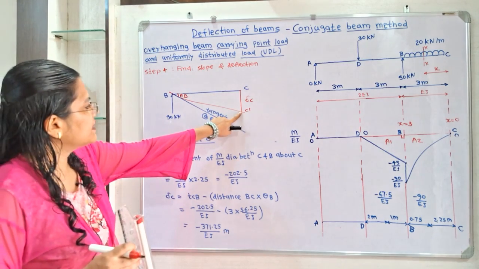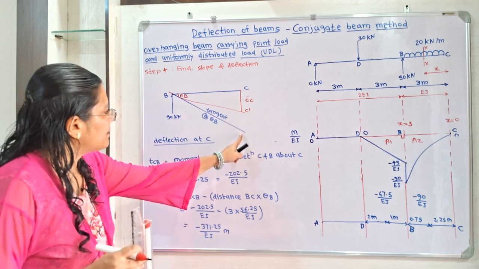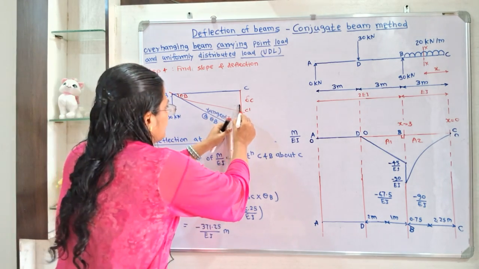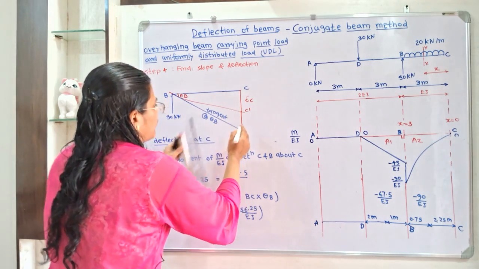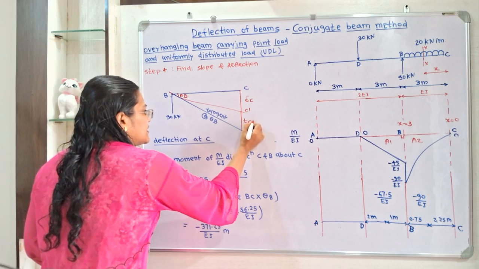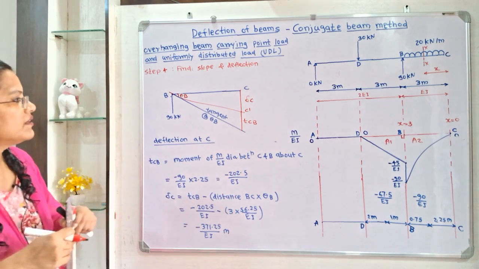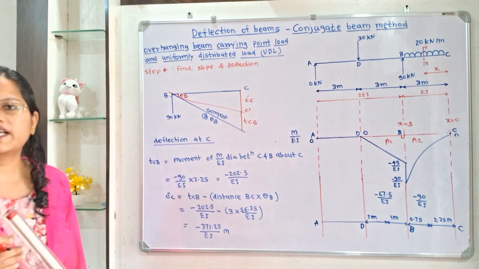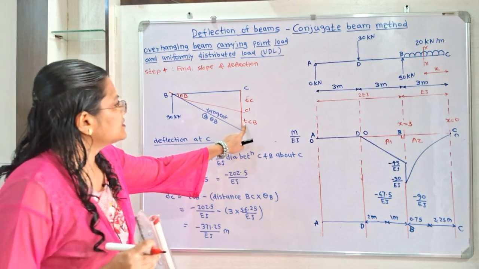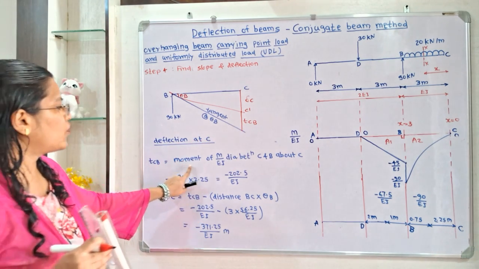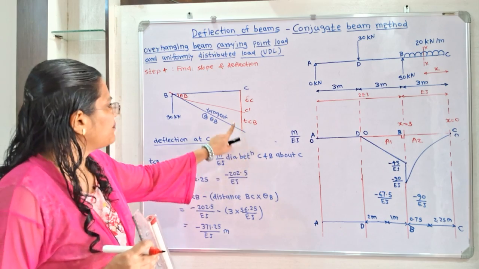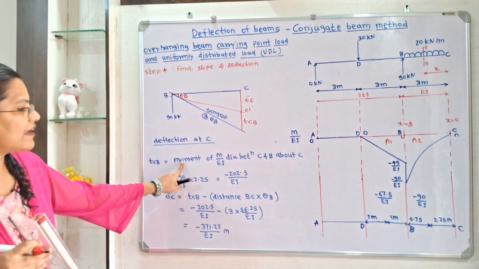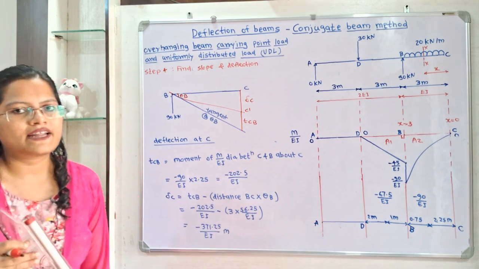Now from point C dash, if I draw one perpendicular line on this tangent at theta B, then from C dash to this point of intersection is known as TCB, and we have to calculate TCB to calculate this delta C. So what is this TCB? It is the moment of the M by EI diagram between C and B about C. So how to calculate the moment of the M by EI diagram?